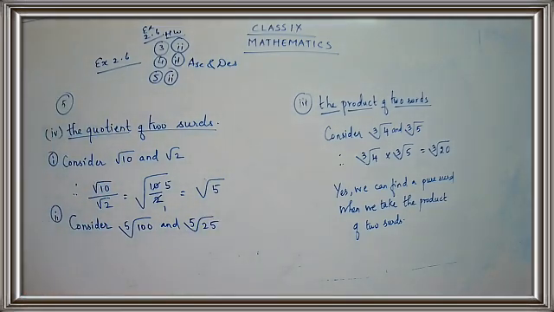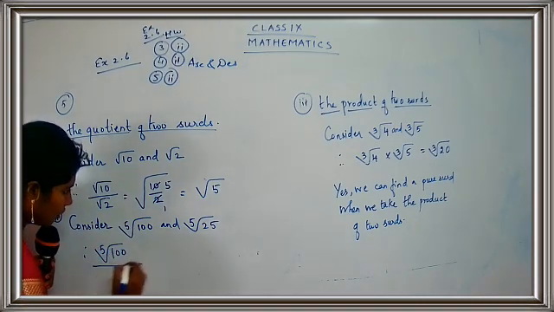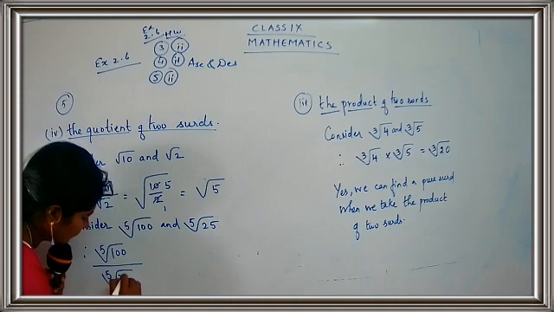Consider fifth root of 100 and fifth root of 25. So what do you get? Come on, let's go for the simplification. When you divide these two numbers, you get fifth root of 100 upon fifth root of 25.